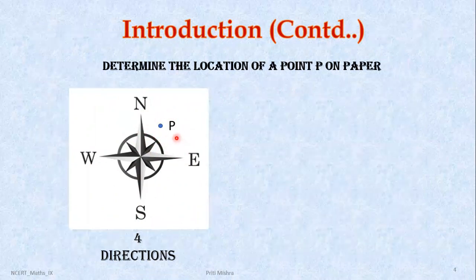Then another one can say, ma'am, I can find out its location just by dropping a line towards the east direction and another line which is passing through the point P. Then I can measure the angle in between these two lines and tell you its position on the basis of that angle with respect to the line which is moving towards the east direction, right?